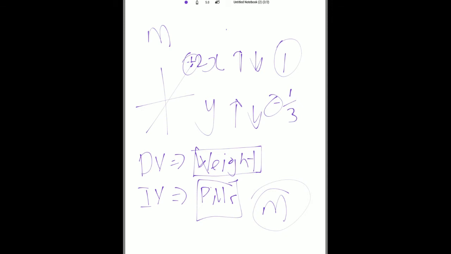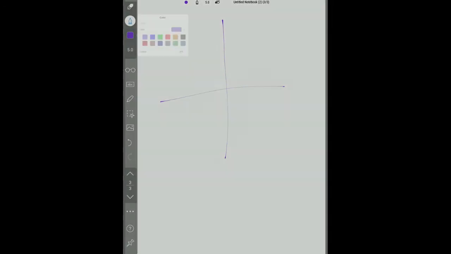Now, what I want you to take note of is that, again, let me draw a line. The gradient of a line can be found a number of ways, but my personal favorite way of finding the gradient, which I will continue to call m, is by taking 2 points on the line.